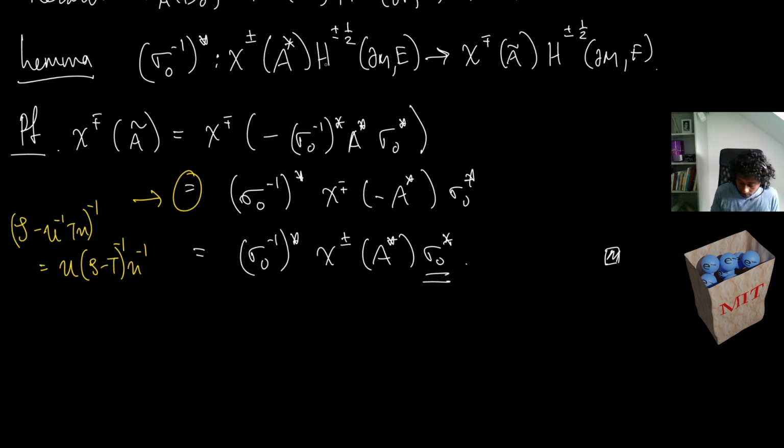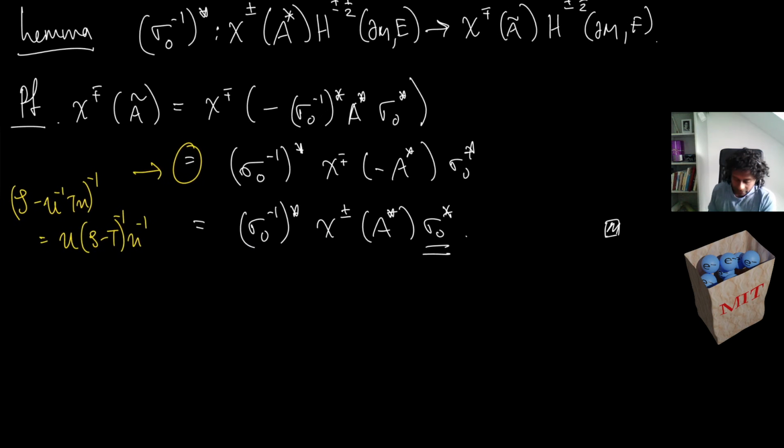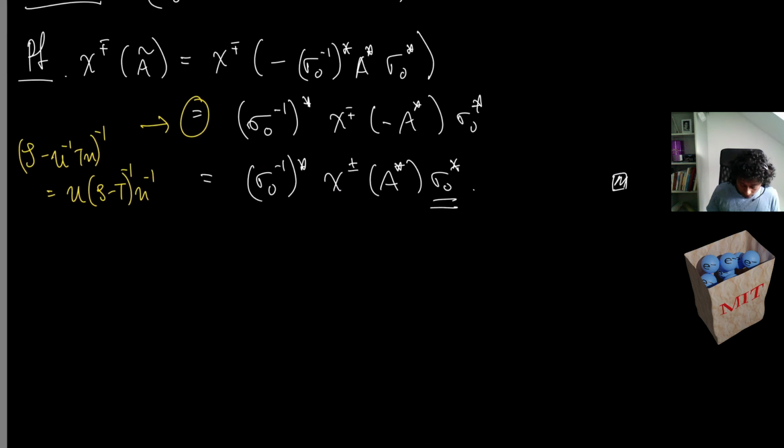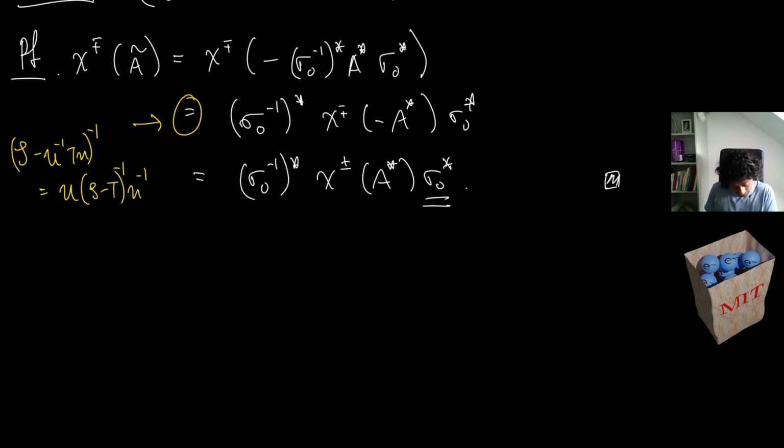When we take a section of some H alpha, we can always write it as the composition of this and the minus composition of that, and then we use this operator to move it to the other side. Okay. So that gives us some nice information on how this isomorphism moves the hat space to the check space of the A tilde for the adapted operator of the formal adjoint.